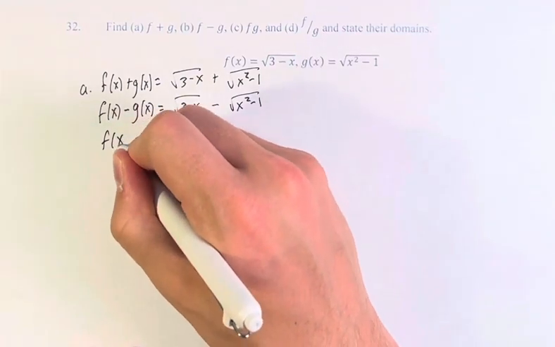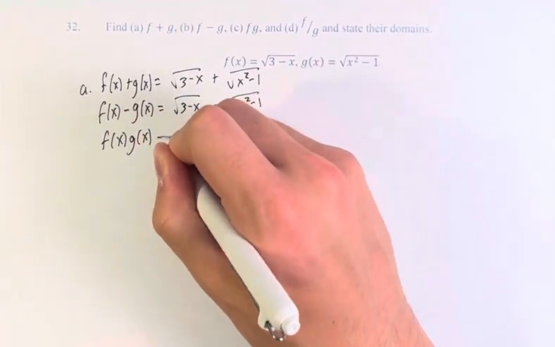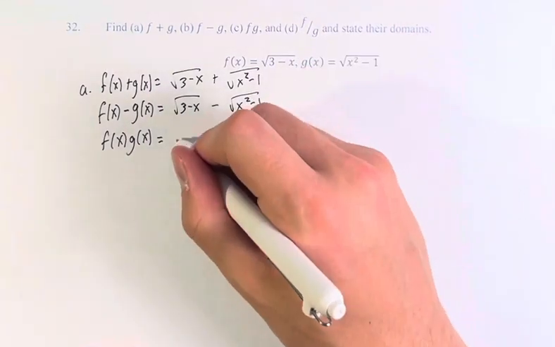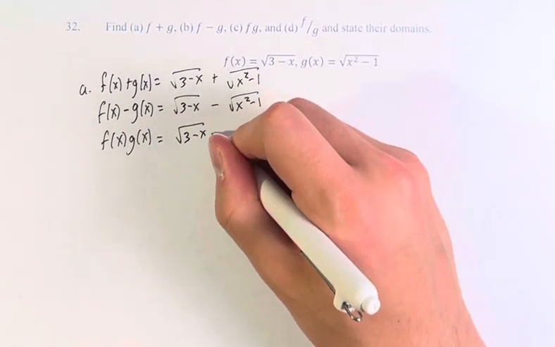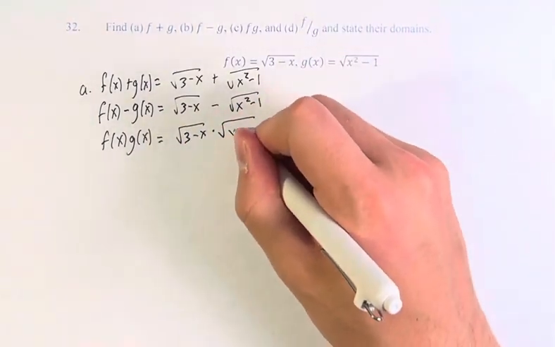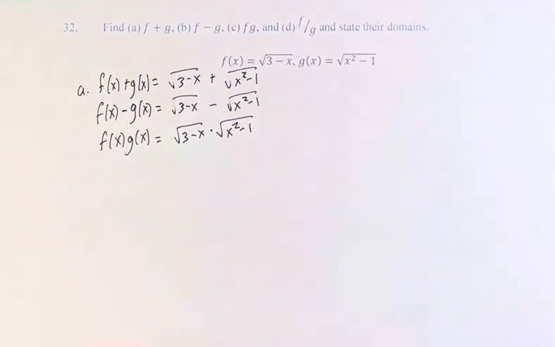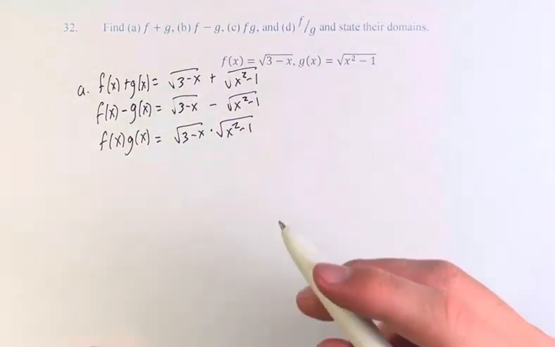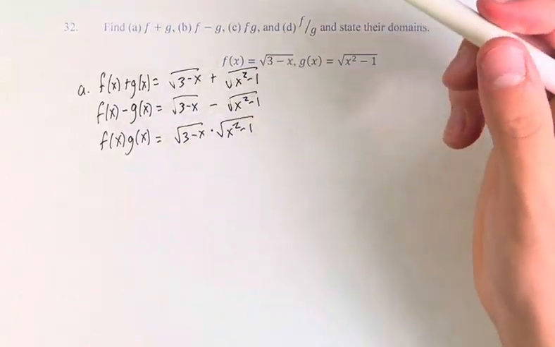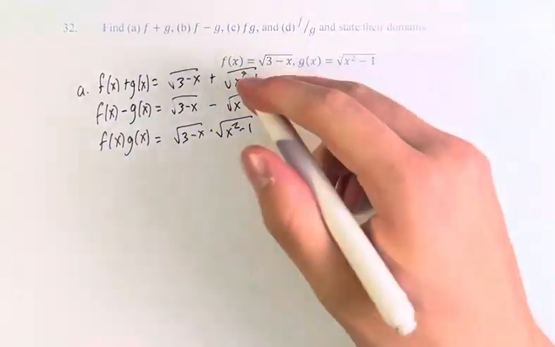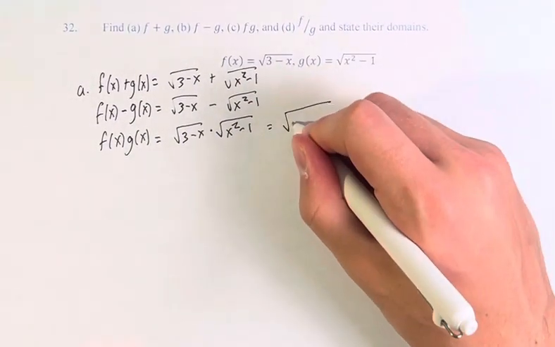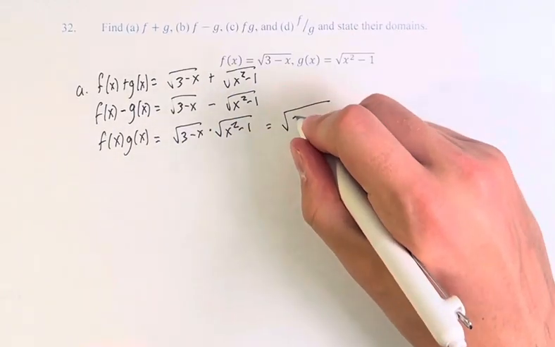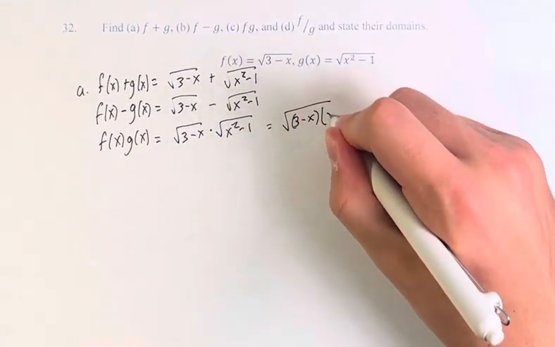F of x times g of x. This is simply equal to the square root of 3 minus x times the square root of x squared minus 1. And what we can do is multiply these two things within a singular square root: 3 minus x times x squared minus 1.